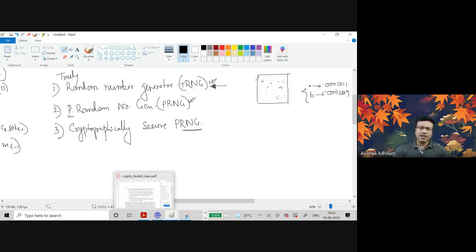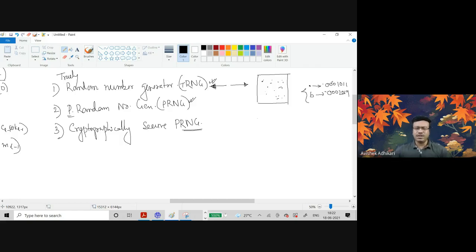So they are truly random, but the problem is, if you have some random numbers, with some kind of distribution, and you associate them with your key space, how will you generate the same thing on the receiver end? Just like coin tossing, you cannot generate the same sequence of zeros and ones on the receiver end.